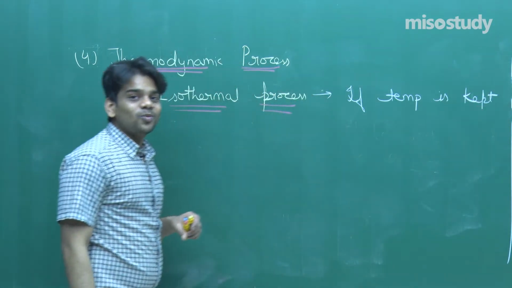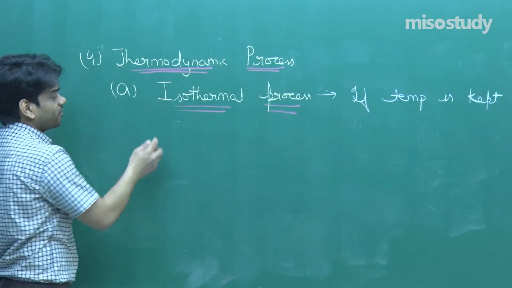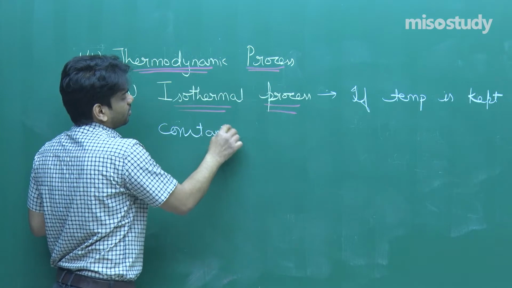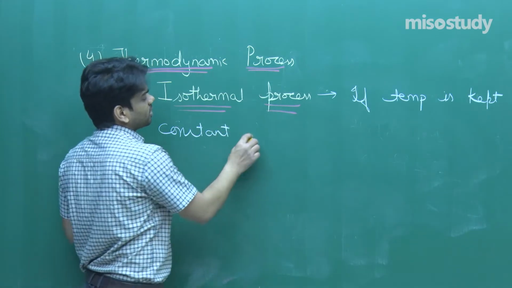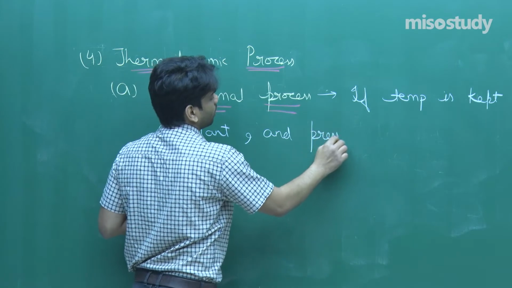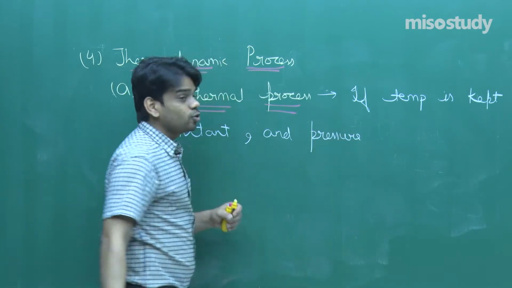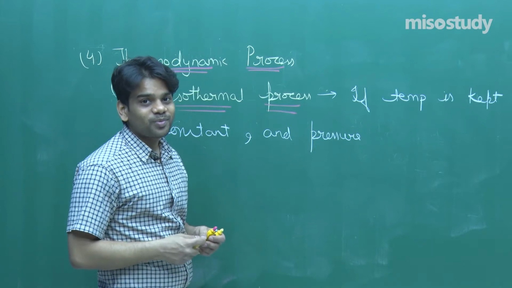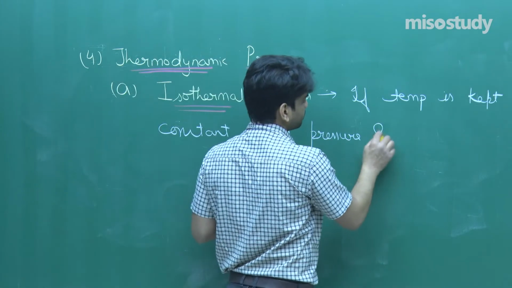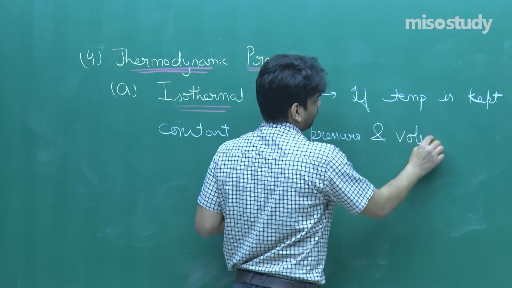If temperature is kept constant and pressure and volume of the thermodynamic system are varied, that is, you are changing the state of the system by varying the pressure and volume, you are taking it through a process. Temperature is kept constant and pressure and volume are varied.